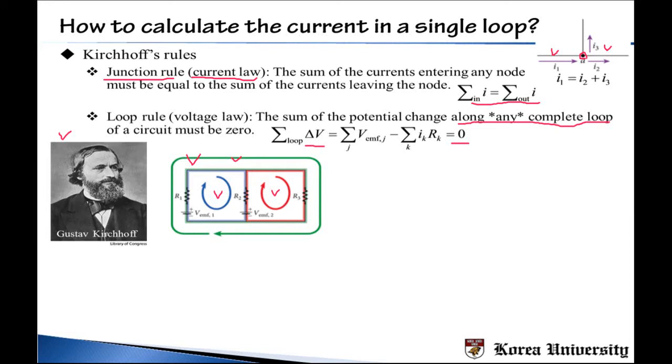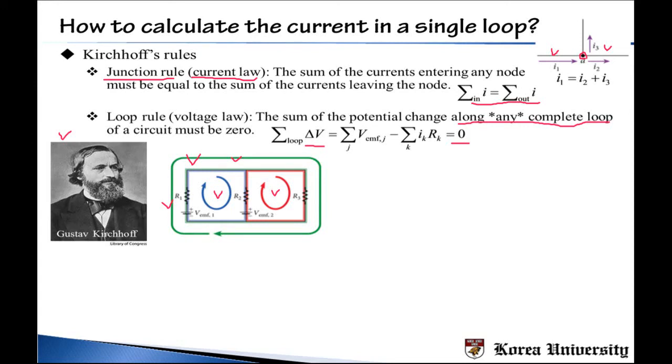The example here shows the EMF device and resistors, and here we set up the loop to be going around clockwise. All the arrows are pointing clockwise.